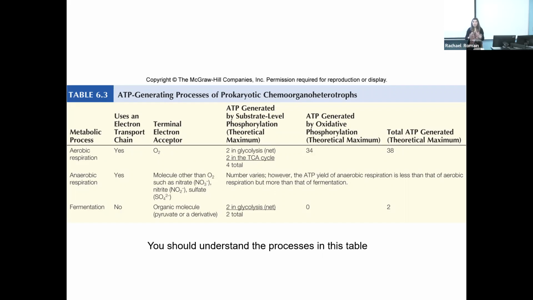And when they run out of some source, they can switch to something else. So it will be different for each organism for where it's at and what it's doing at that particular point in time if they're using anaerobic respiration. Just know it's using something else.